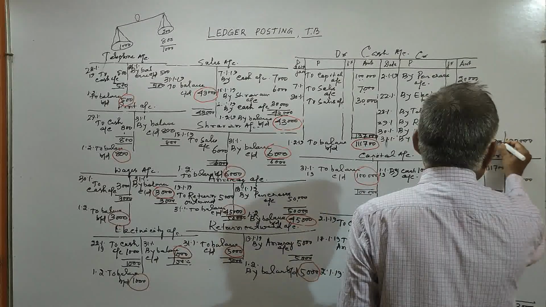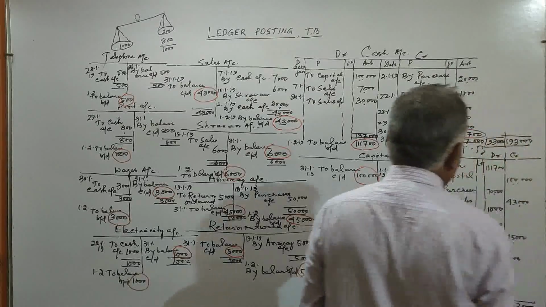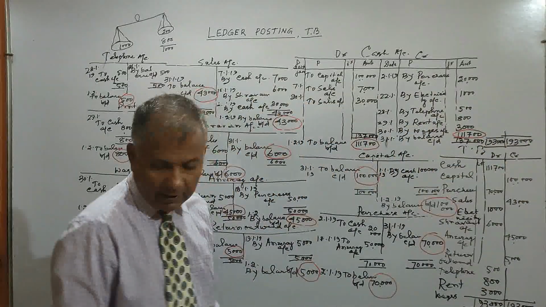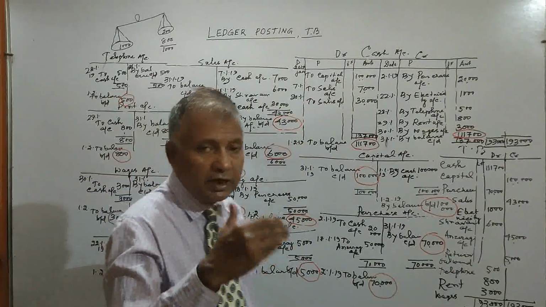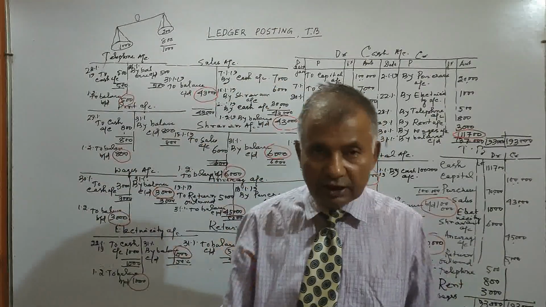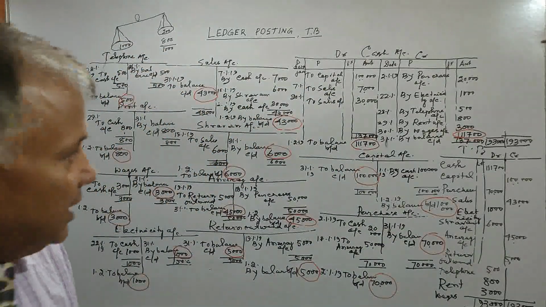The debit side is also 1,93,000, right? So your trial balance is tallied. So this is how you can prepare the journal, the ledger, and the trial balance.